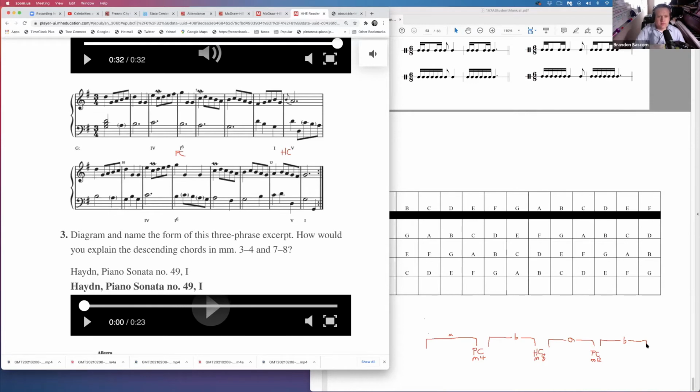Is it the same? Yes. They call it B prime. Why would they do such a thing? Would it be because it ends in an authentic cadence instead of a half cadence? I think you're right.